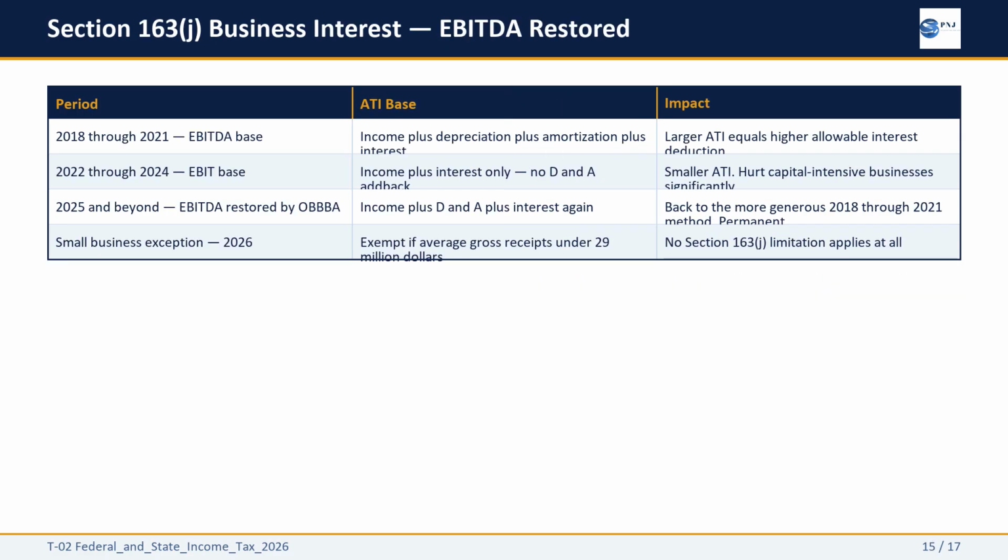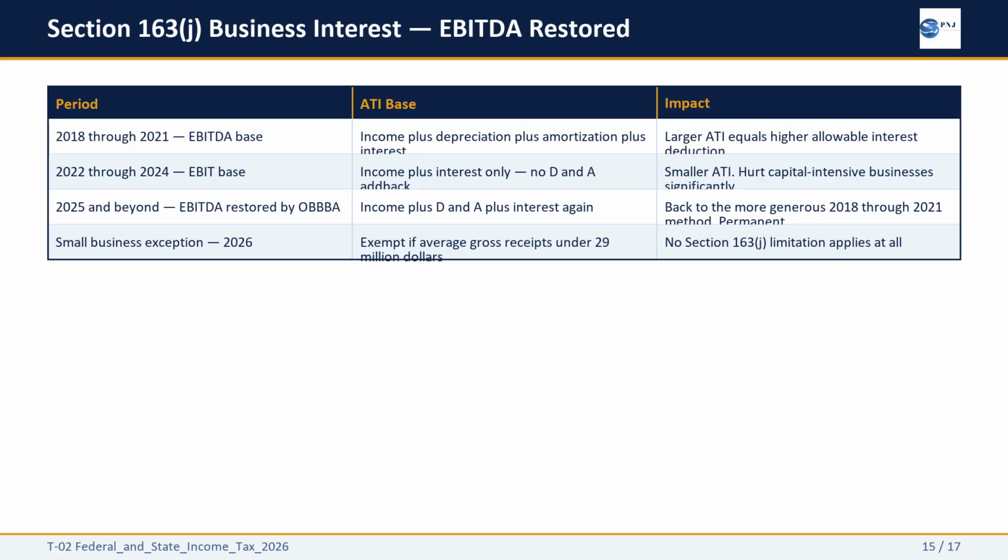Section 163J caps the deduction for business interest expense at 30% of adjusted taxable income. The OBBBA permanently restored the more generous EBITDA-based calculation. From 2018 through 2021, companies added back depreciation and amortization when computing adjusted taxable income, producing a larger base and a higher allowable interest deduction.